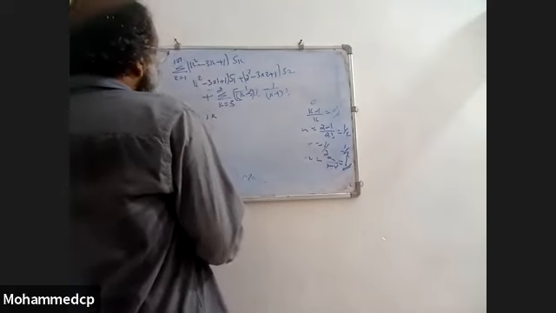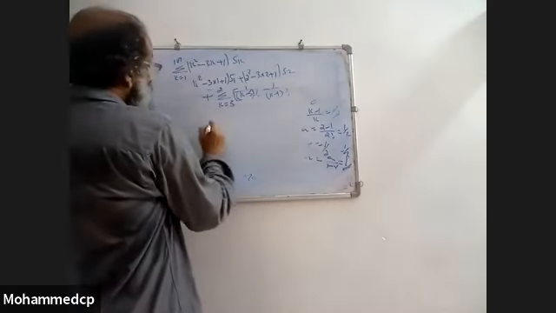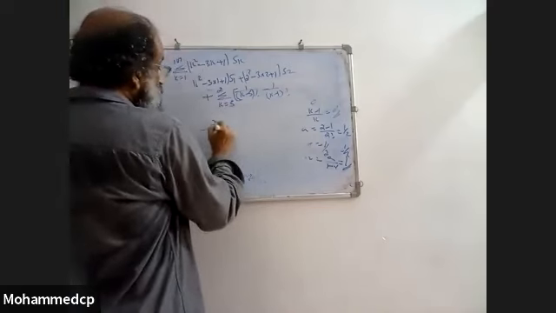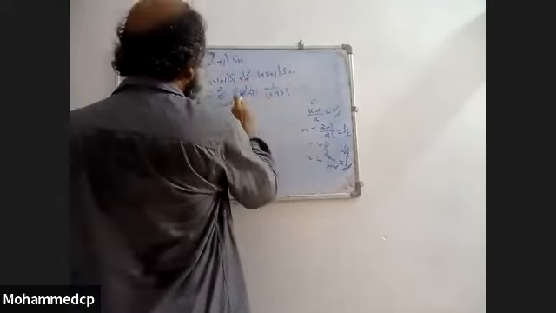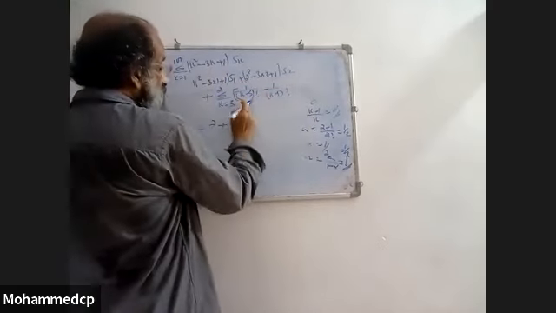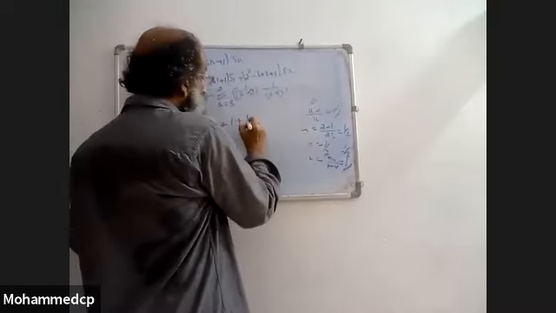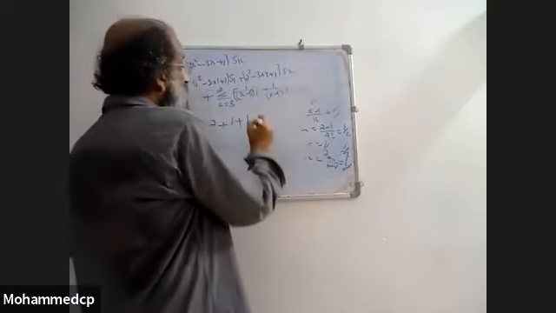Okay. Now we will get 2 plus, for k equal to 3, 1 by 0 factorial, which is 1. Then another 1 comes, plus 1.